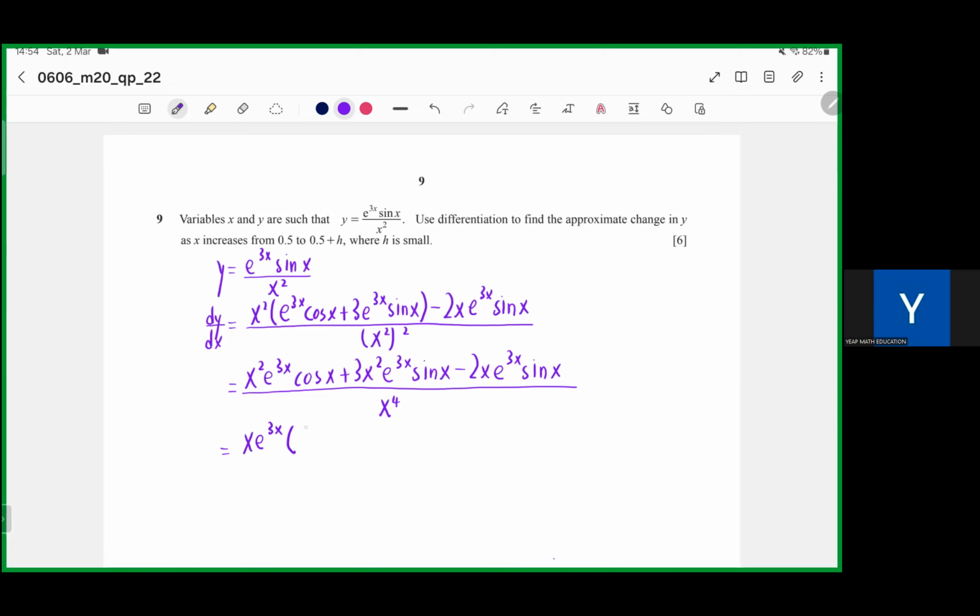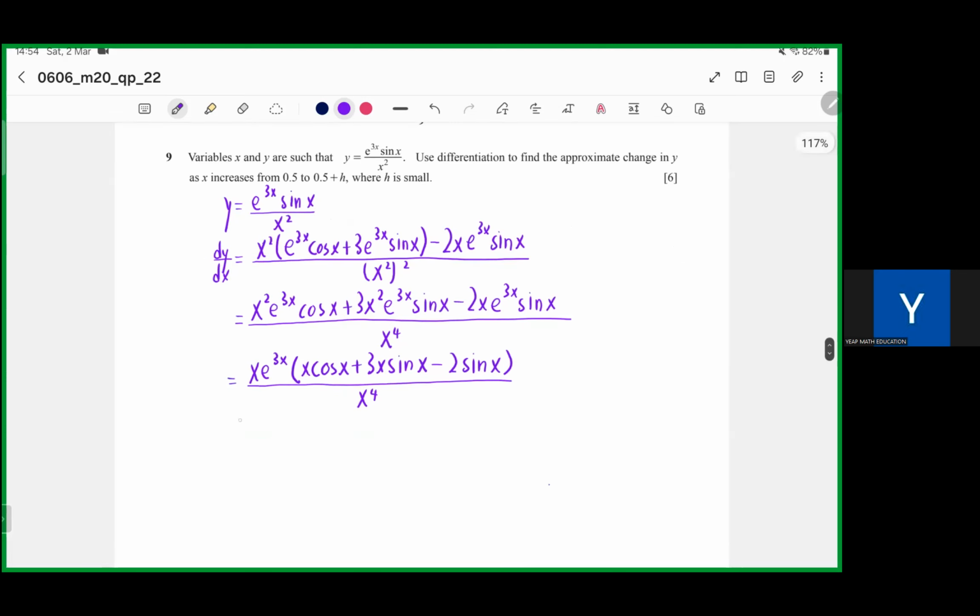So here we get x cos x plus 3x sin x minus 2 sin x over x to the power 4. And then we can get e^(3x) times x cos x plus 3x sin x minus 2 sin x, and then here is x cubed.